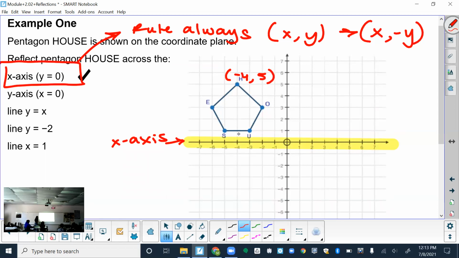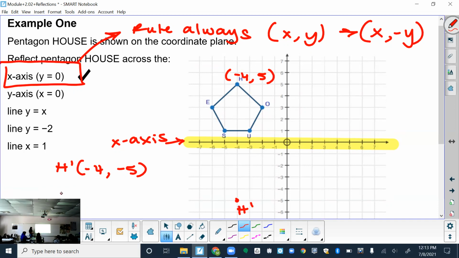All right. So if H is -4, 5, then what's going to be my H prime, following this rule? -4, -5. Good. Because the x stays the same according to the rule, but the y flips signs. And then if I were to graph that right now, it would be right here is where H prime is.